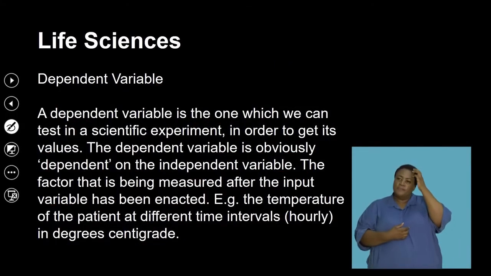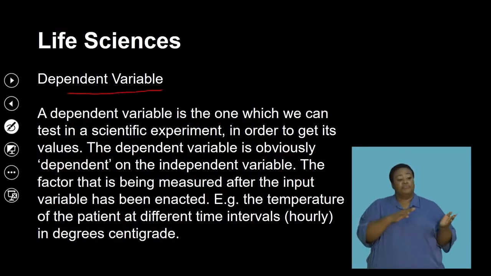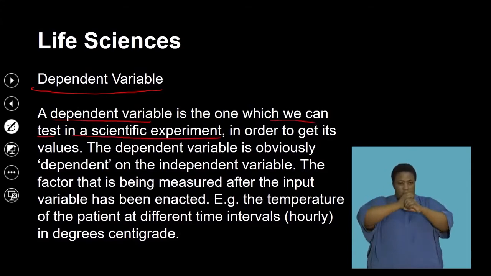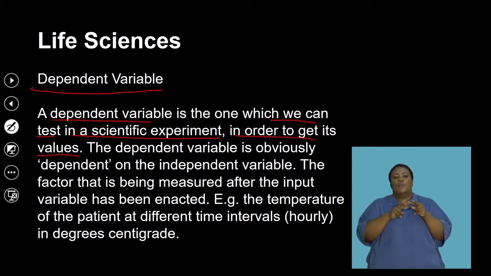Okay. The next variable is the dependent variable. And the word dependent means something that you can count on. So the dependent variable is one in which we can test the scientific experiment in order to get its values. So essentially, it's what's going to produce the results. The dependent variable is obviously dependent on the independent variable.